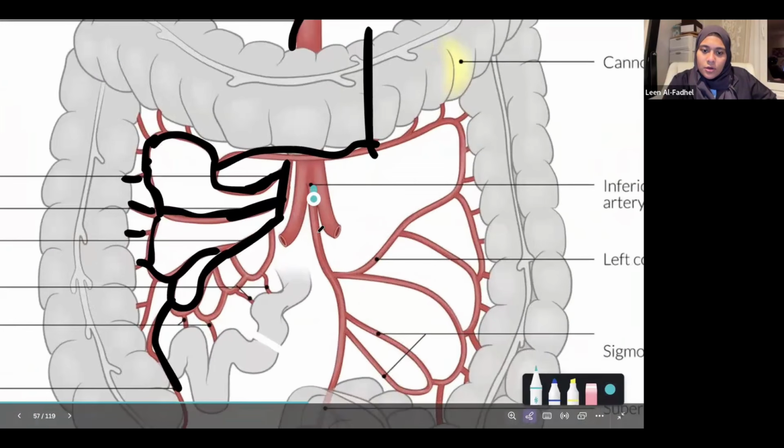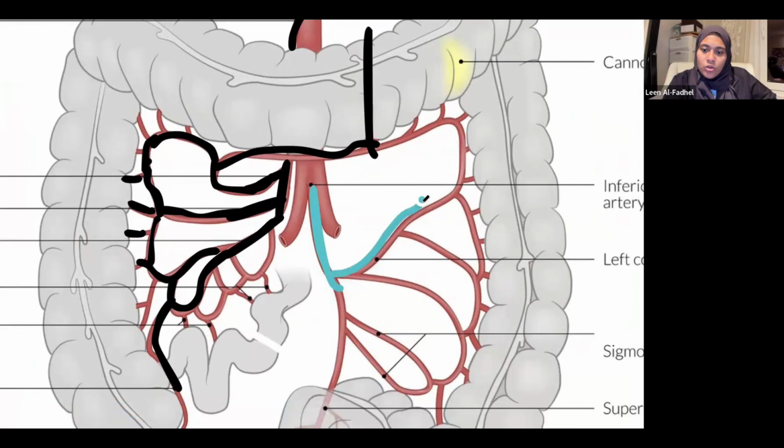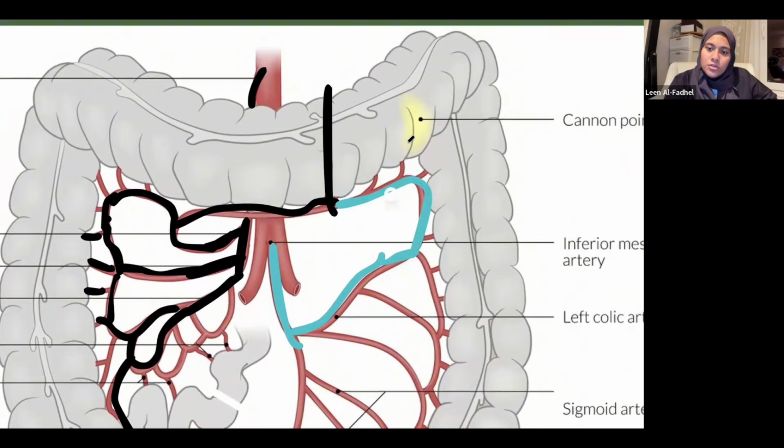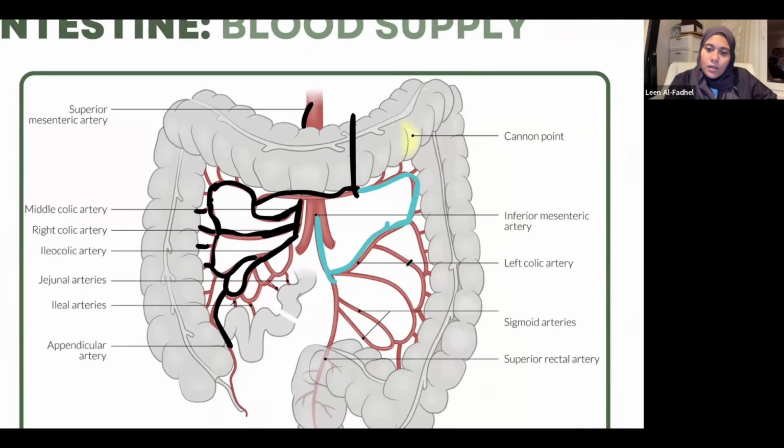So this is inferior mesenteric artery. It gives off a branch which we call the left colic artery. If we have a right, we have a left. And this left colic artery will supply the 1/3 of the transverse mesocolon. So it will supply over here. Okay? And it will also give off branches to the descending colon.